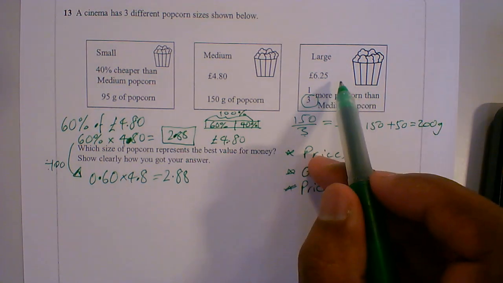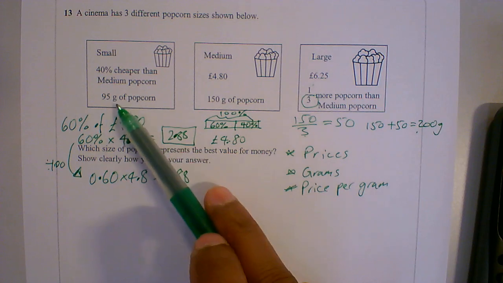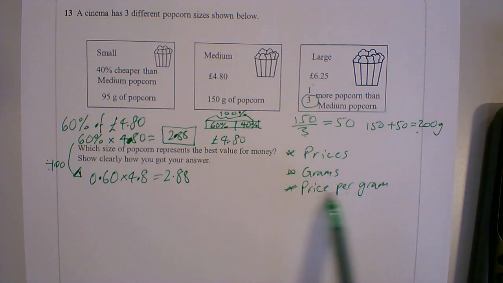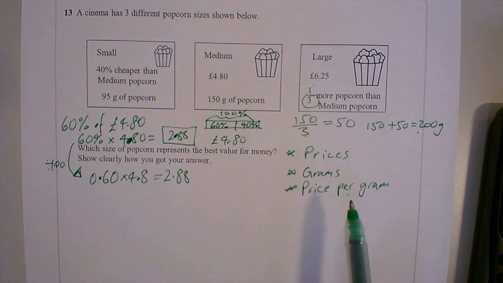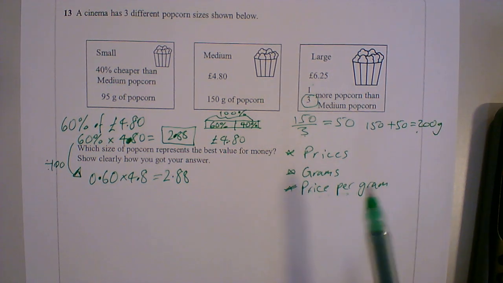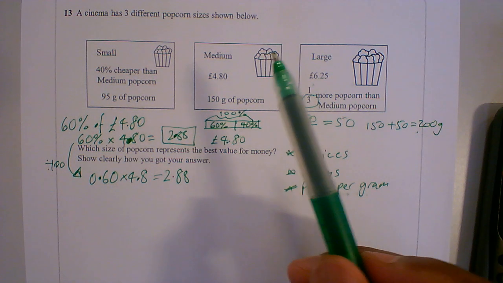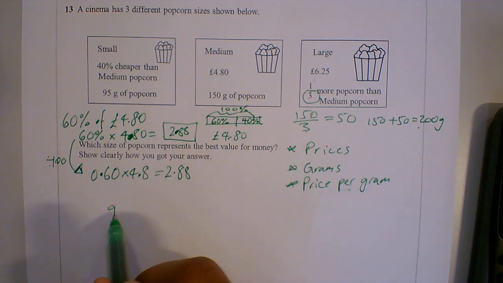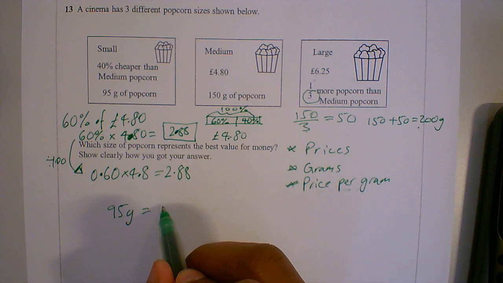So I now have grams and prices. Now notice they are all different. So I need to get them a price per gram. They need to be both equal. So let me write it out as a ratio method. So 95 grams equals 2.88.